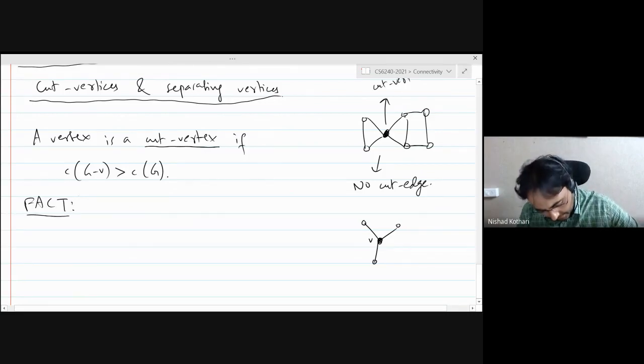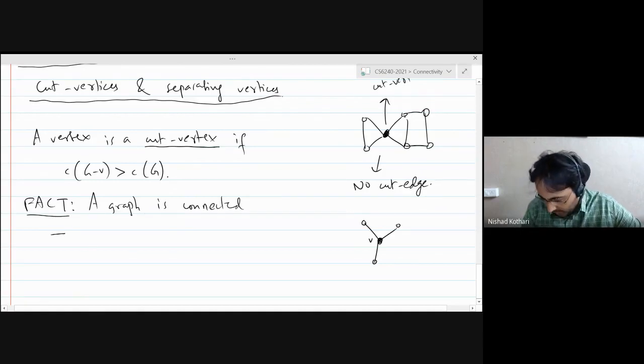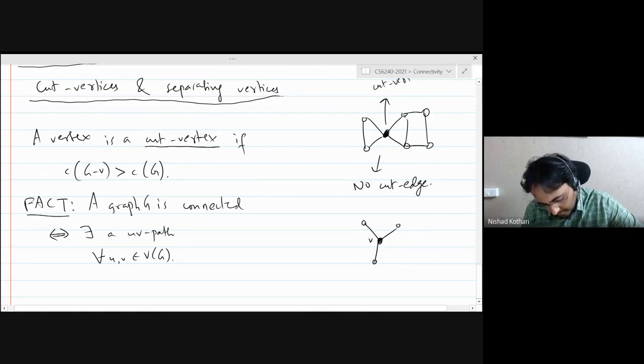A graph is connected if and only if for any 2 vertices u and v, there exists a uv path in the graph G, right?